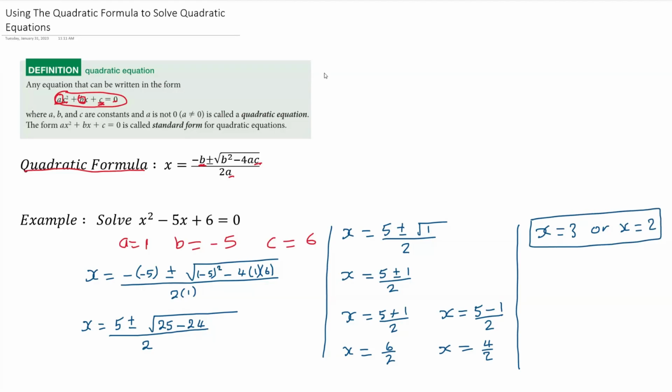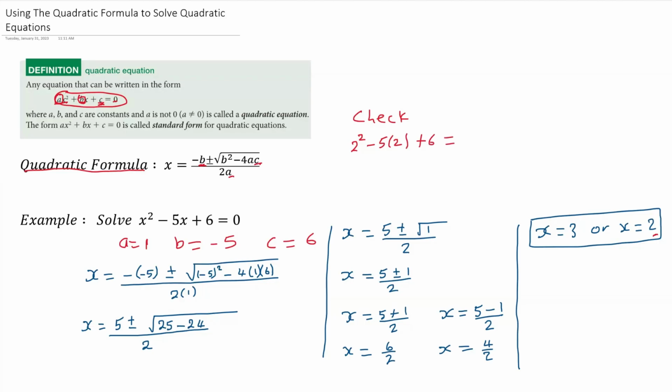Of course, you could check, right? So let's check one of them just to make sure we have the right answer. I'm just going to take the 2. I'm only going to check one of them and see if it satisfies both sides. If I replace x with 2, I get 2 squared minus 5 times 2, and then add 6.